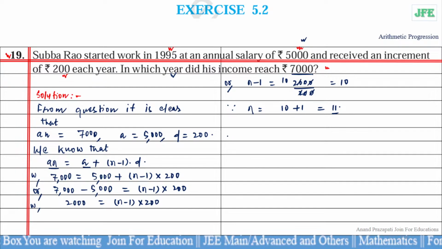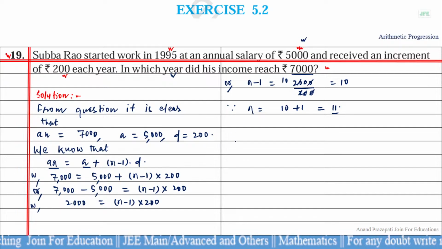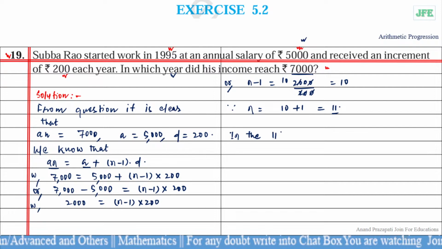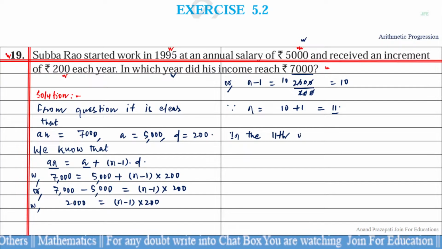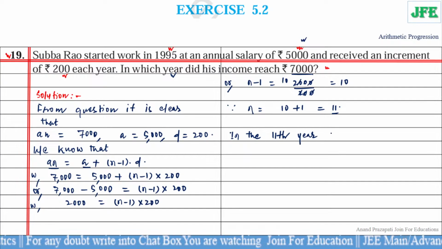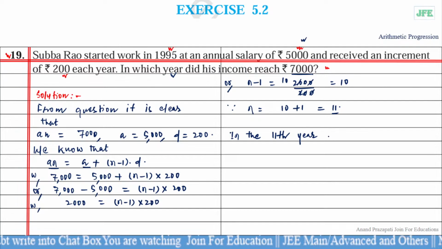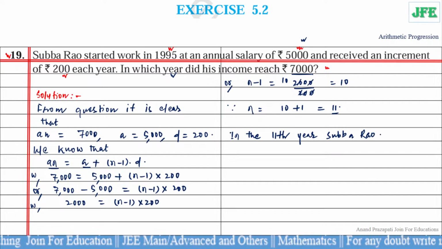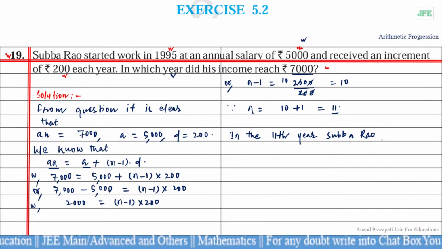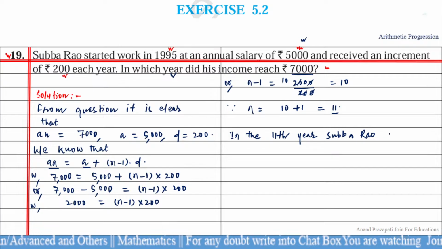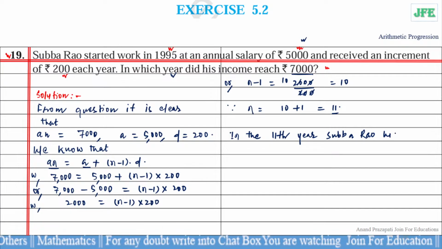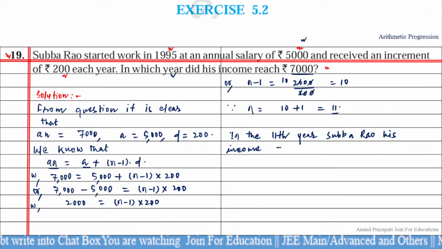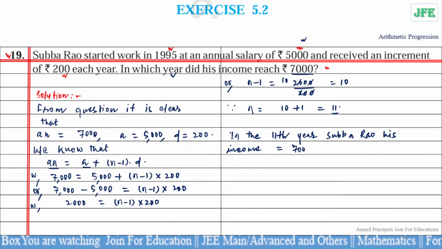So from the working it is clear, or from the solution it is clear that in the 11th year Subba Rao's income equal to 7,000.